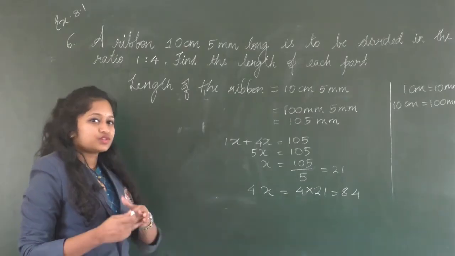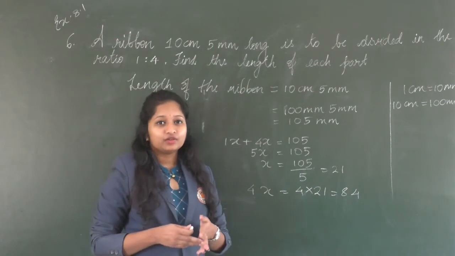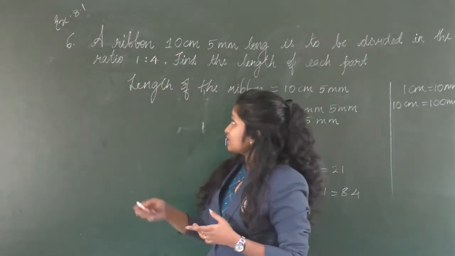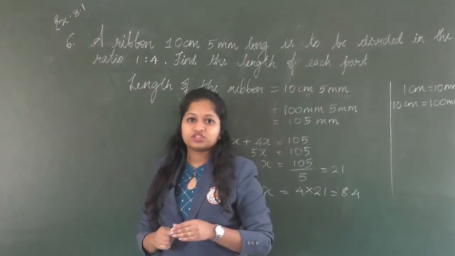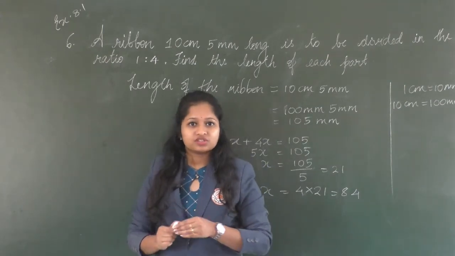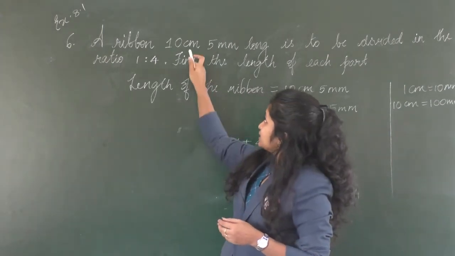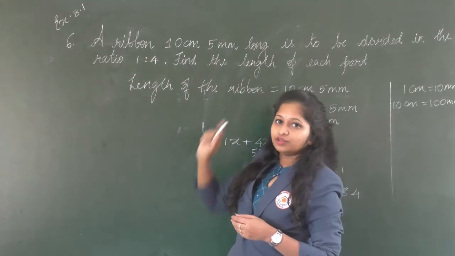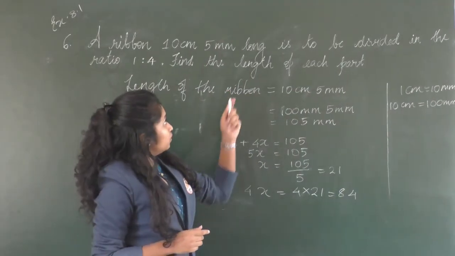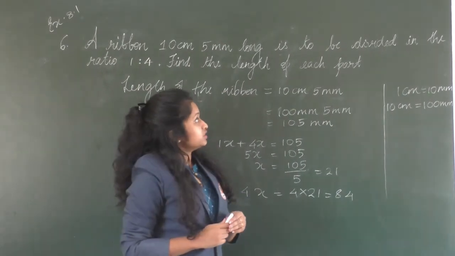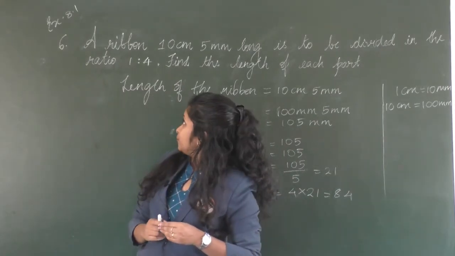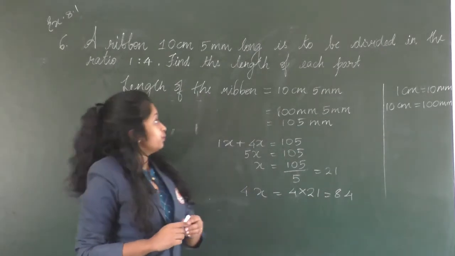Okay? So, children, here I have a question from exercise 8.1, question number 6. The question is, a ribbon 10 centimeter 5 millimeter long is to be divided in the ratio 1:4.